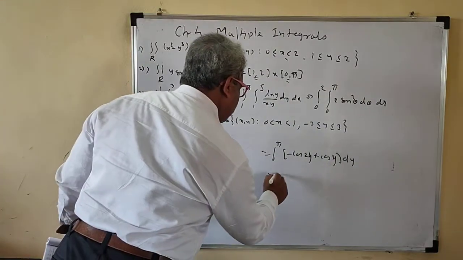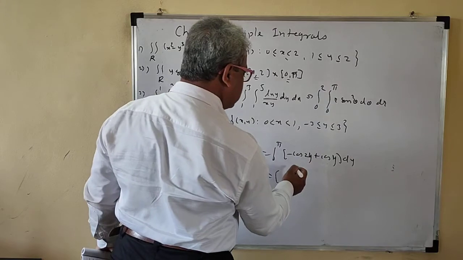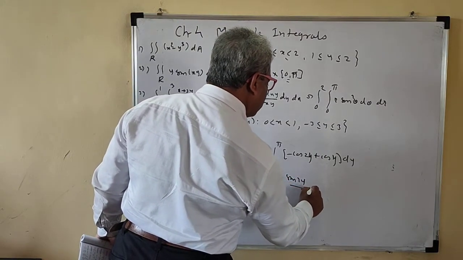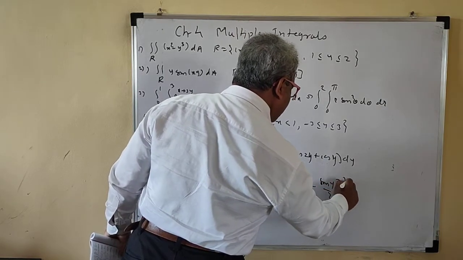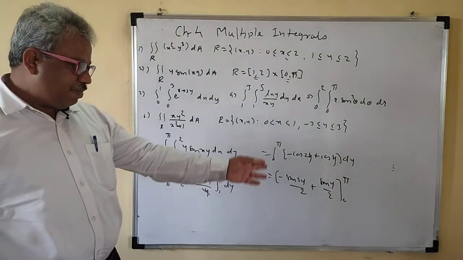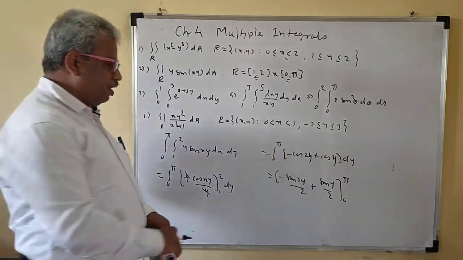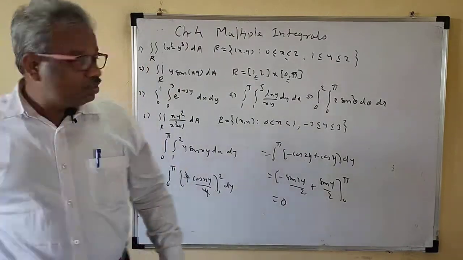Now we integrate this cos y minus cos 2y. The integration of cos 2y is sine 2y upon 2, so we get minus sine 2y upon 2 plus sine y, from 0 to pi. Now see, if you put the upper limit, sine n pi is always 0. If you put the lower limit, it is also 0. So it is 0.